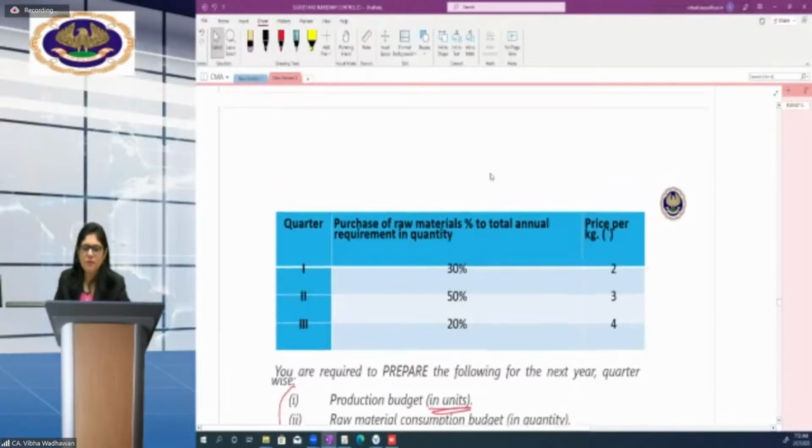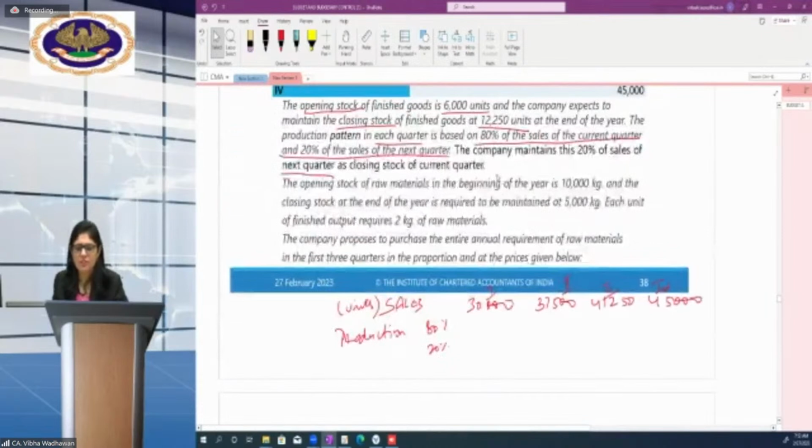So we were doing the production budget in units here. Calculate the production, please. How to calculate for the 4th quarter? Okay, let us see. First, let us do it for the 1st quarter.